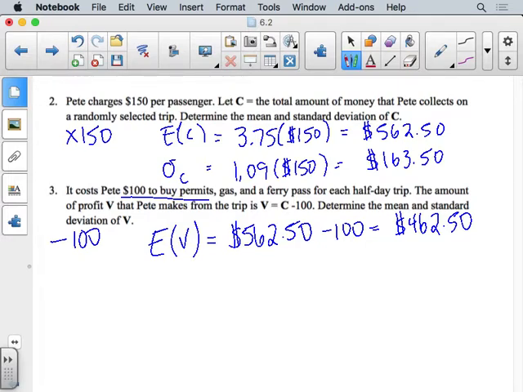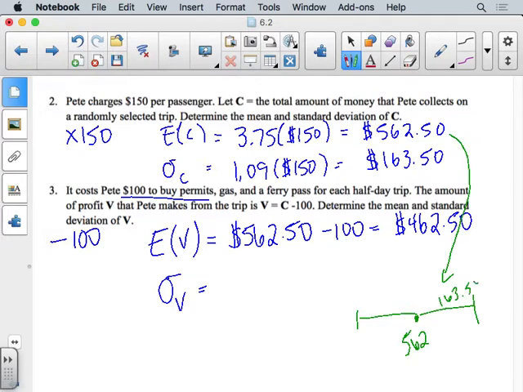Alright, standard deviation though is a little different because standard deviation is like your spread from the mean. And in this case, if I was to draw this, here's this information down here, $562, and I typically vary whatever, $163.50. So just because I had to subtract and now my mean is at 462, does the actual distance of my spread change?